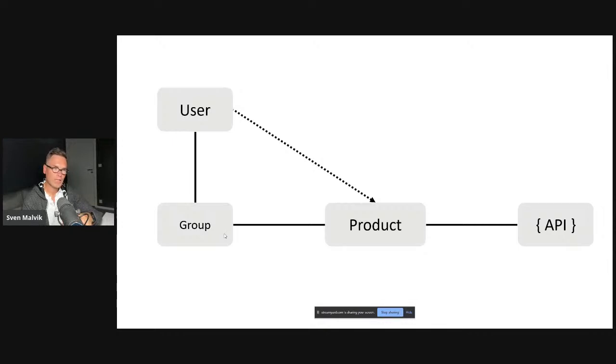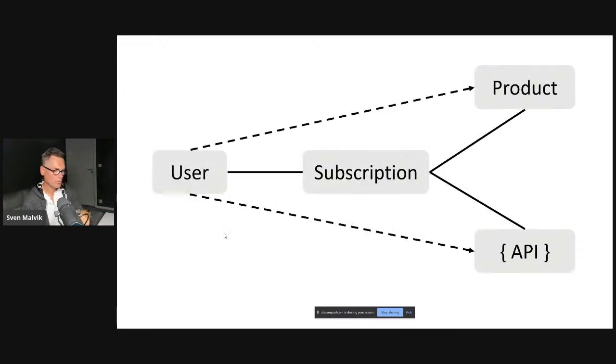And a user would like to subscribe to this product, and can do it by getting a subscription for this product. This product then contains all the APIs. So what it means is a user gets a subscription, and through this subscription, it can call an API, basically.